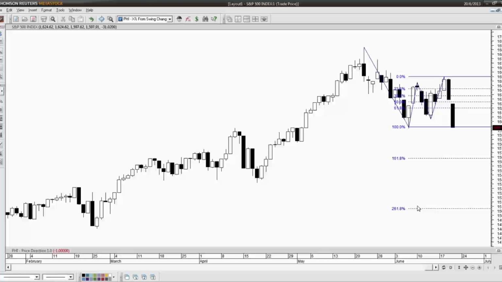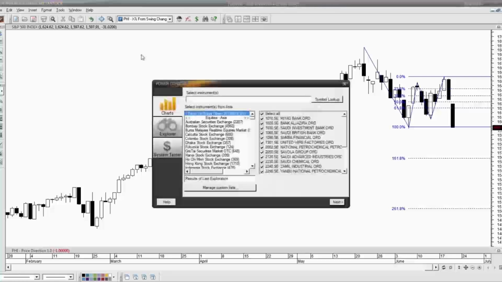So at this point we have a trend reversal to go short, targeting 1565 and 1510. This is how we can use the Fibonacci to find our targets.